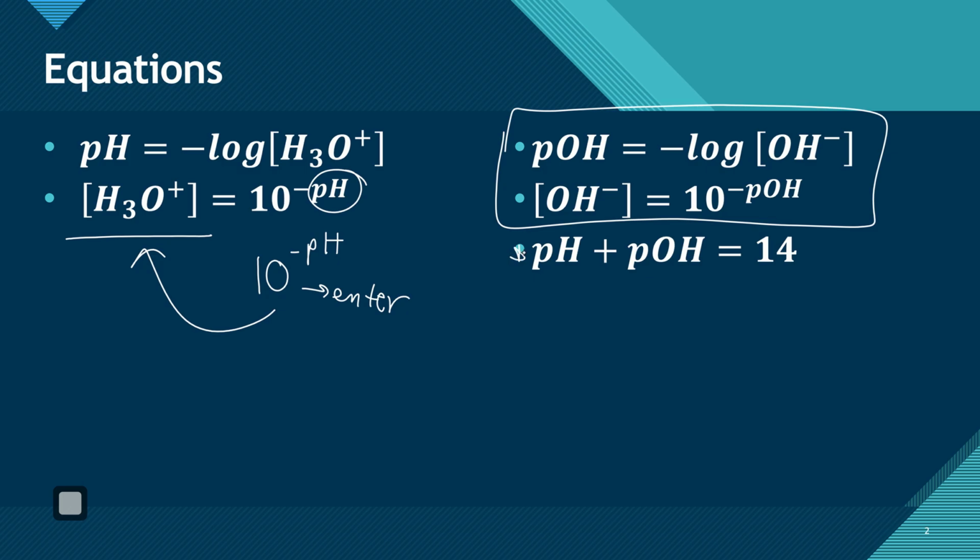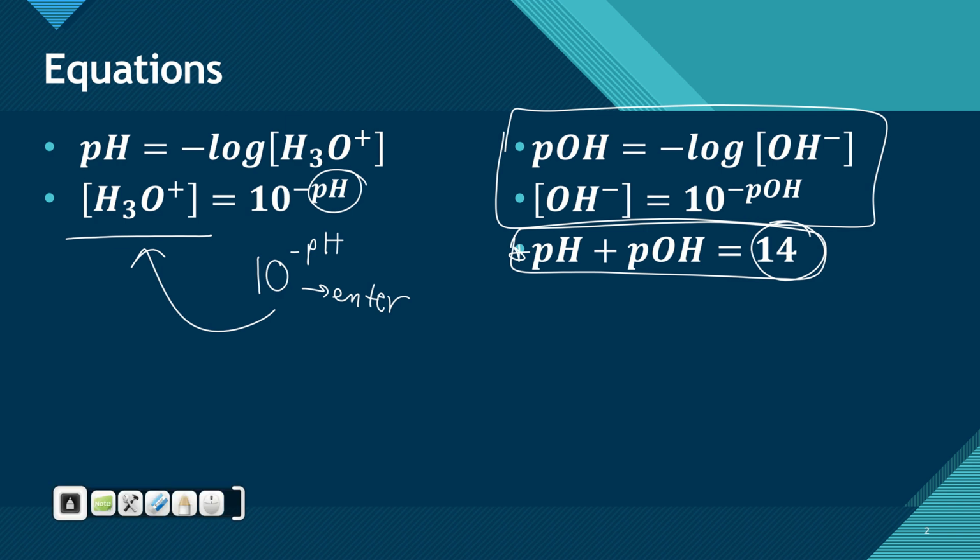We do then have one other formula that's very simple. If you add up the pH and the pOH, it always comes out to 14. So that's something else to understand as well. That's what we are using here, and we'll go from there.